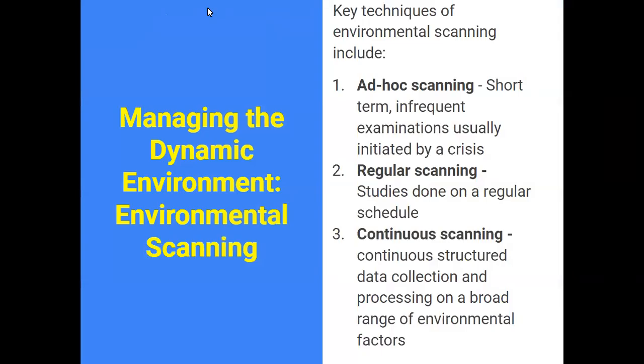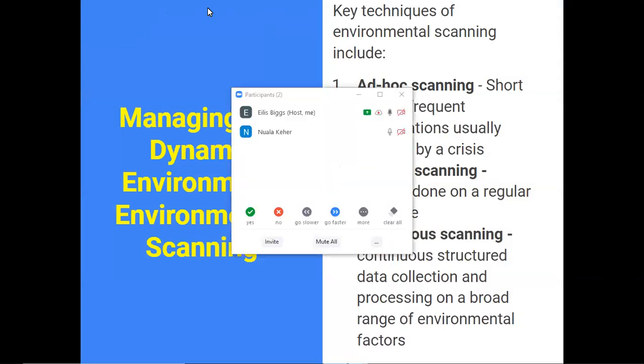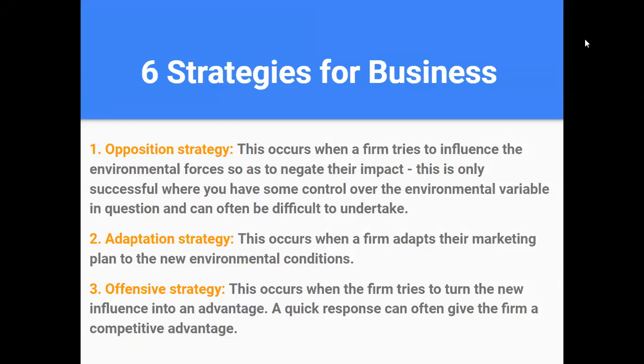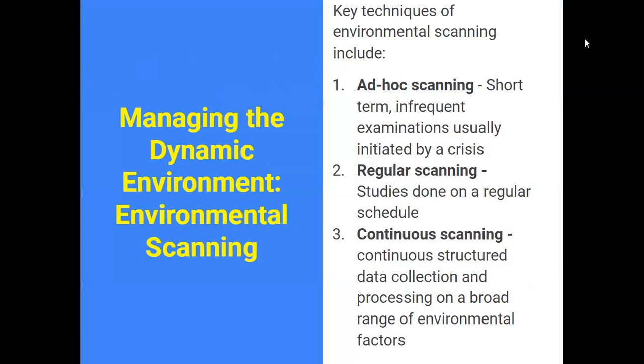Okay, so now we've talked about what the micro and the macro environment is, and we've looked at some tools that help to analyze the micro and the macro environment, see what's going on.